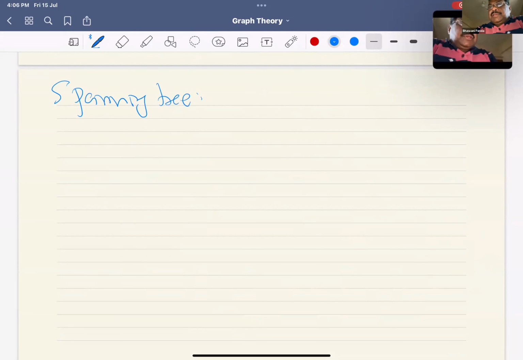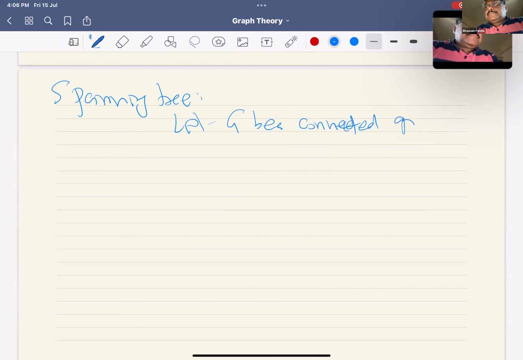So spanning tree. Let G be a connected graph.